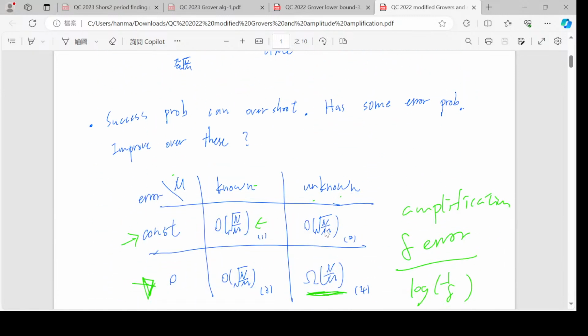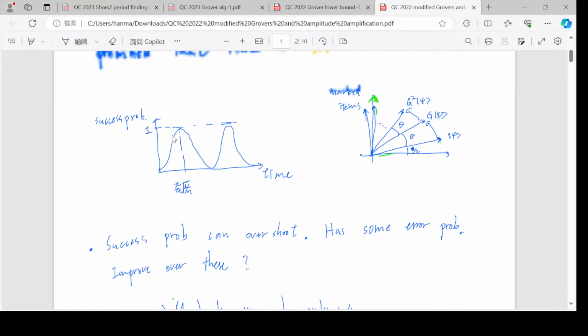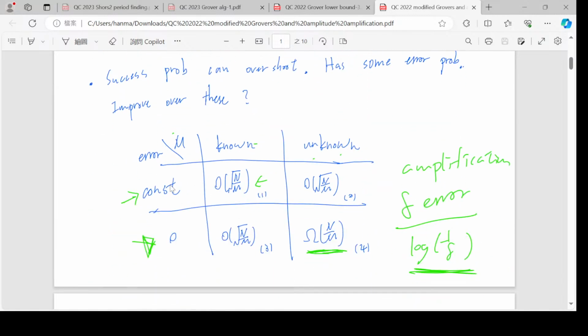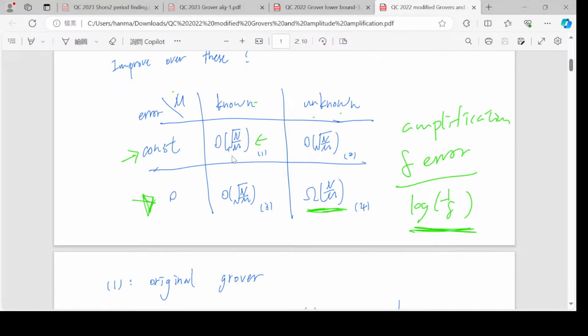Okay, and so there are different things you can ask about this algorithm. It's whether the m is known to you or not known to you, and can you turn the error probability of the algorithm to 0? And it turns out that this is a quite interesting problem because you can put this in a table.